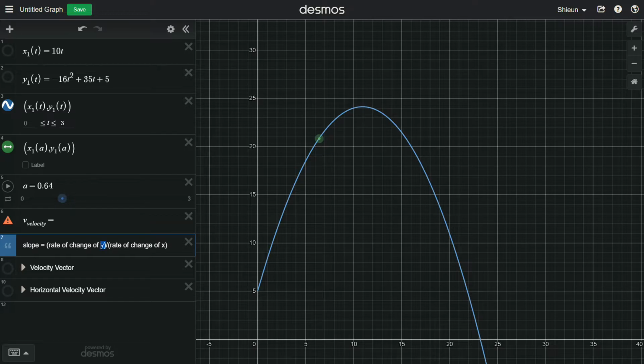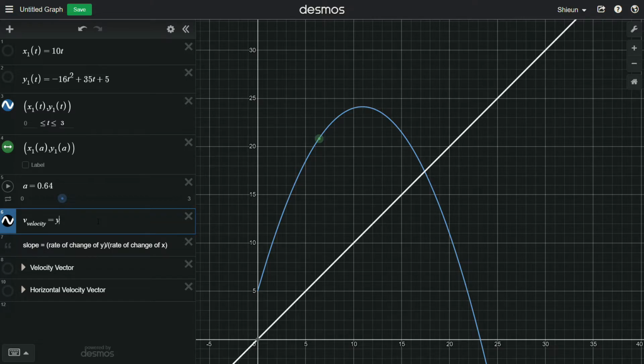Hopefully we know what y is based on some concept from up here, and we know what x is based on some concept up here. And so if it's the rate of change of y, this is also what we call the derivative of y. You can also say the rate of change of x, the derivative of x. Just so that you're clear of how you write this, the way you would write the derivative of y, you say y, and then you put the apostrophe in front of it.